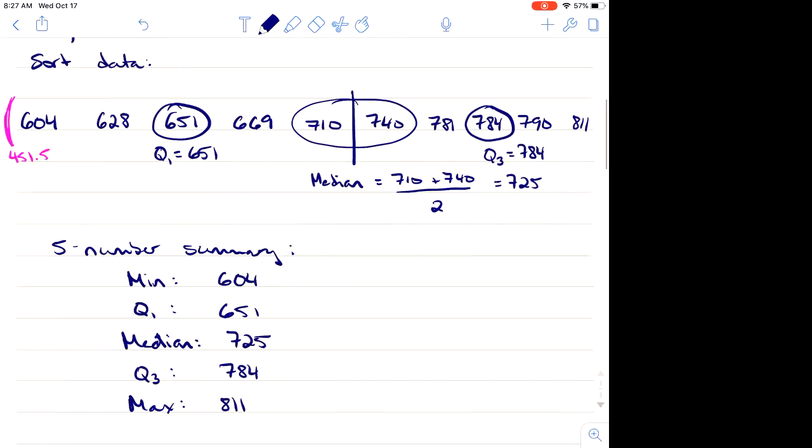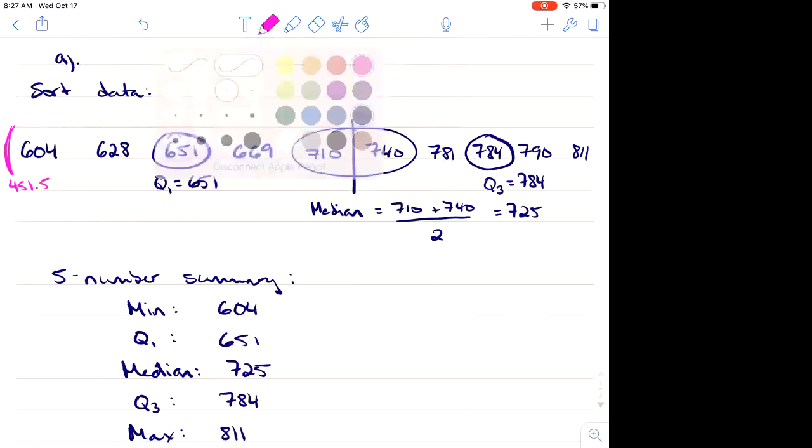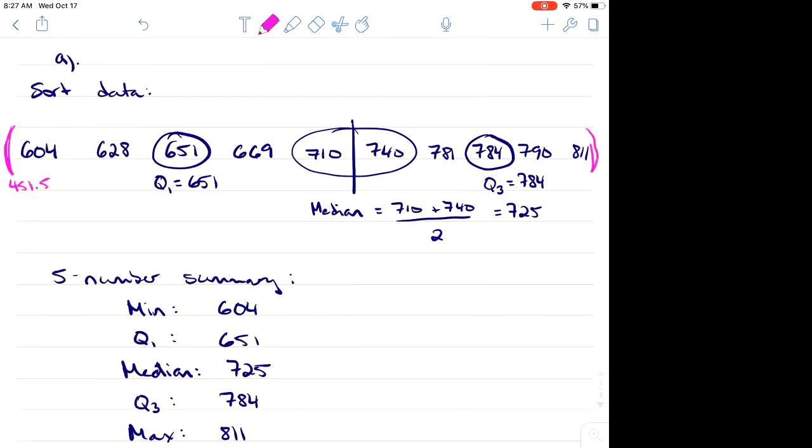So if we go back to our sorted data here, 983.5 is also larger than the maximum, right? So you could look at your sorted data or just look at your maximum in your list, it doesn't matter. Okay.